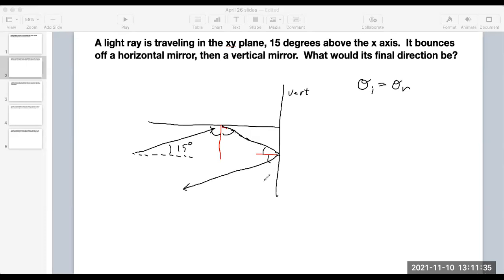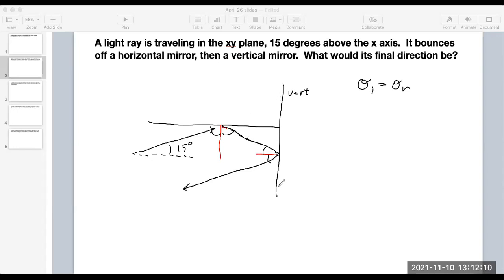A different way of looking at what this does is what the mirror does is it's going to flip the Y component of this incoming ray and keep the X and Z component unchanged. So just this plus Y part turns into a minus Y part. But the X component doesn't change, and if there was a Z component, it wouldn't change either.